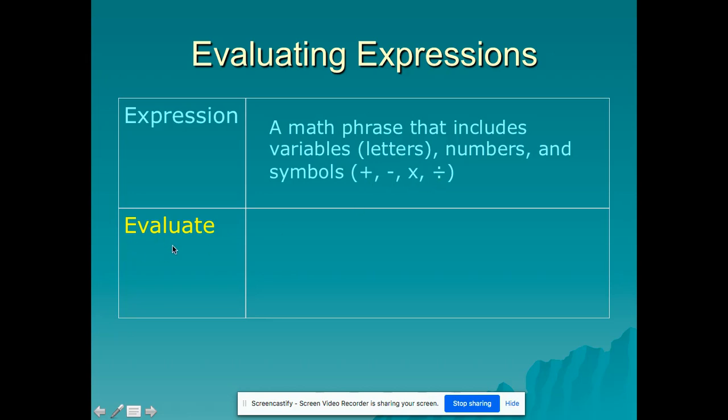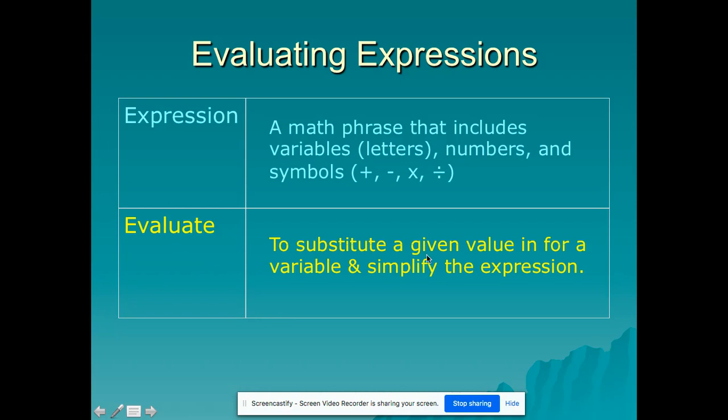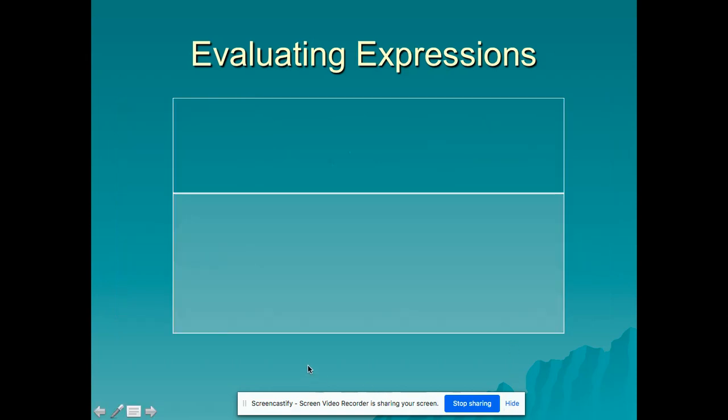When we evaluate something, we substitute a given value in for a variable and simplify the expression. When it says simplify the expression, that really means we're going to do the order of operations and get the answer down to one number. So let's do an example.